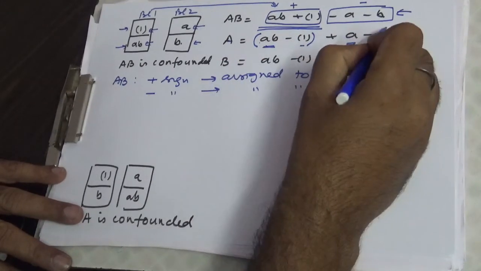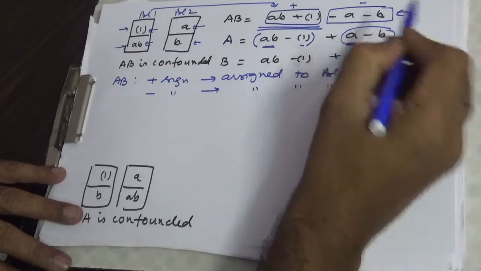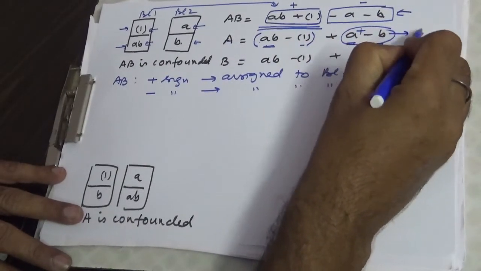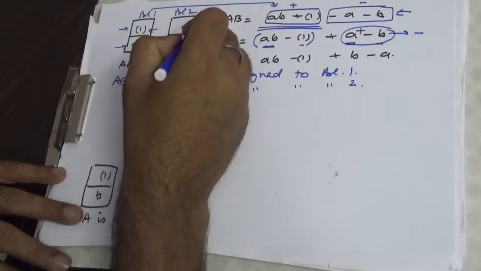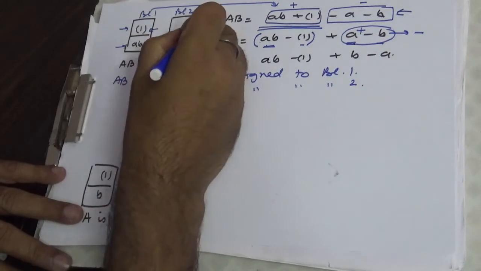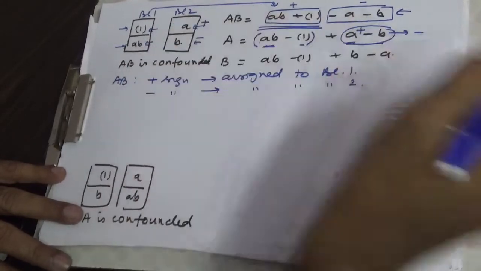Similarly, A and B: A is with plus sign and B with negative sign, and they occur in block 2 also, A with plus sign and B with minus sign.